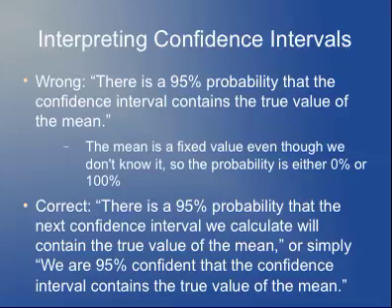If you say there's a 95% probability that your confidence interval contains the true value of the mean, strictly speaking, that's not a correct statement. The reason is that the population mean is some fixed number. We don't know what it is, but it's some number. In other words, either the confidence interval contains the mean or it doesn't.